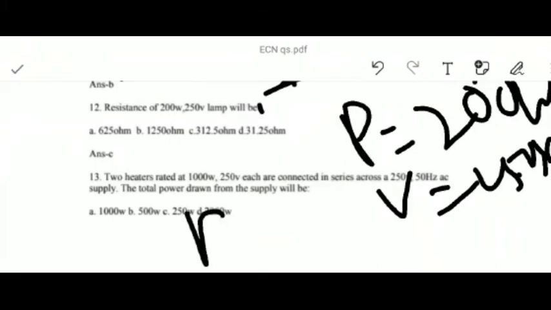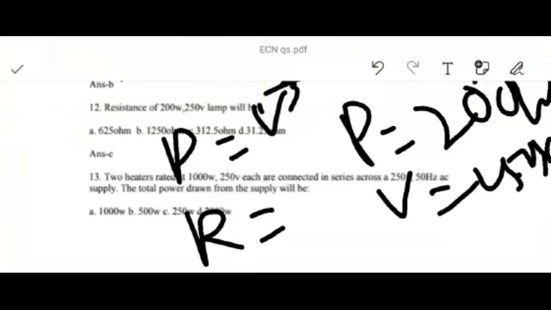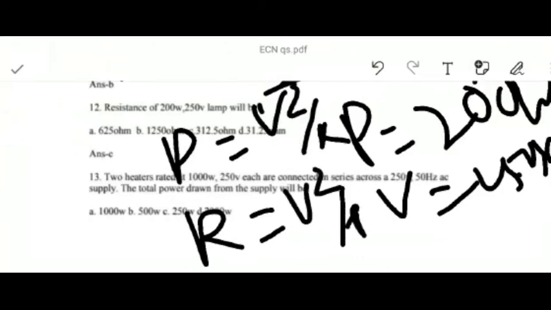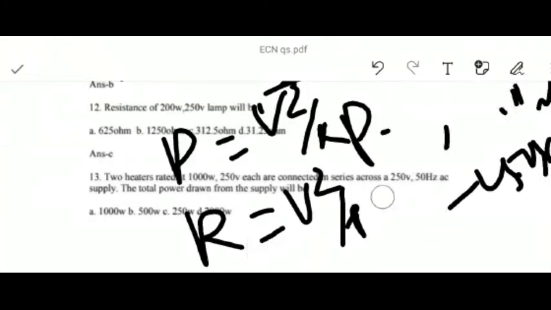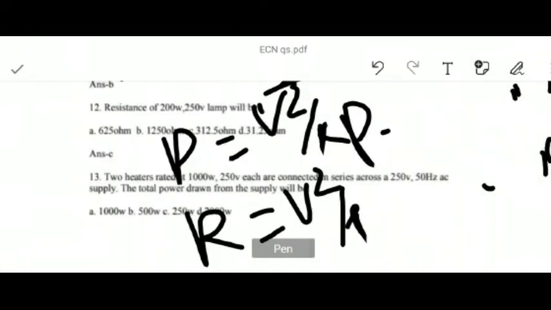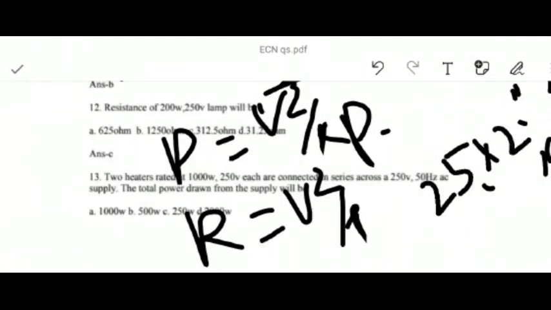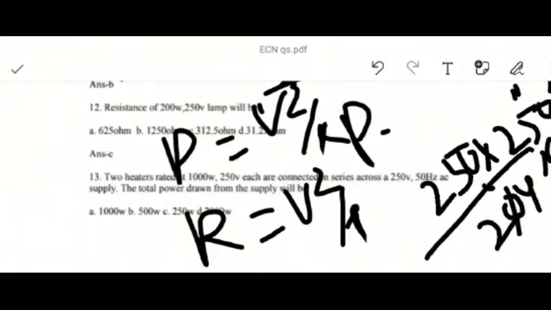So resistance, we know P equals V square by R, so resistance equals V square by P. When you calculate this, V square is 250 into 250 by 200, then you will get the answer in decimal.